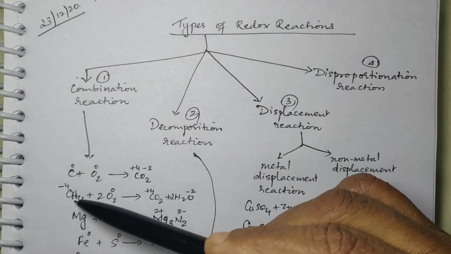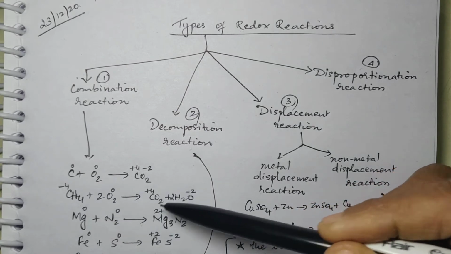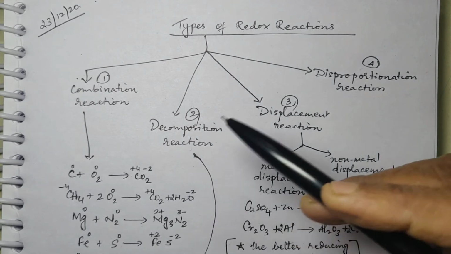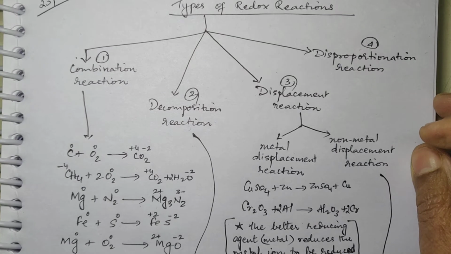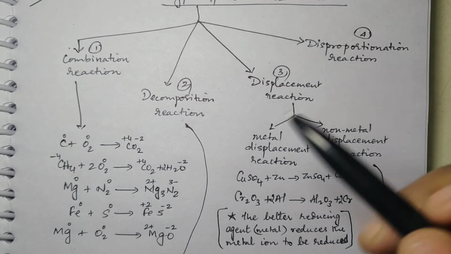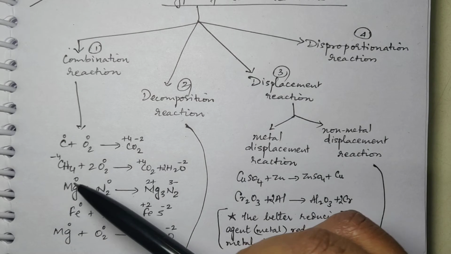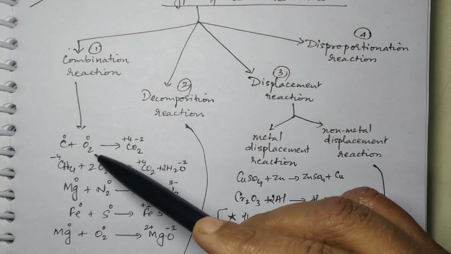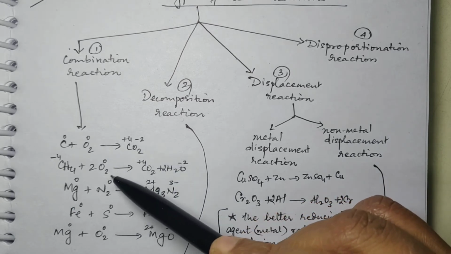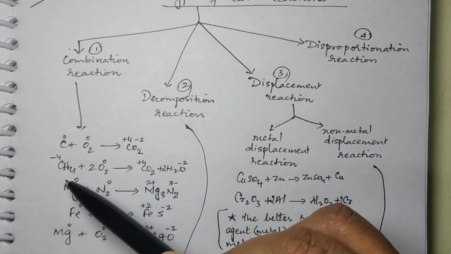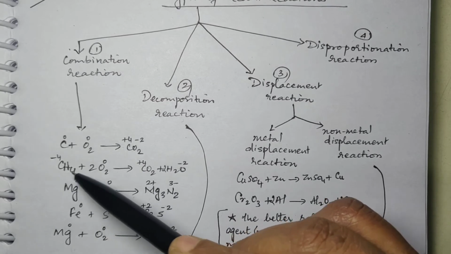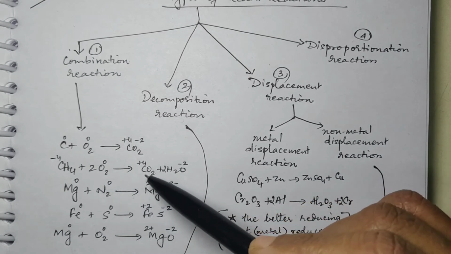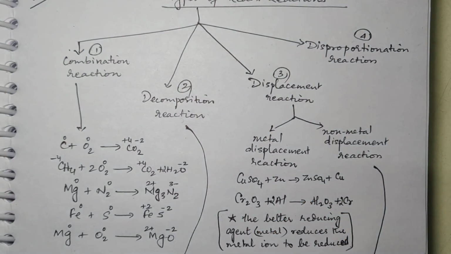Now, CH4 plus O2 giving you CO2 plus water. What do you call this? You call this as a combustion reaction. Now how do you call it as a combination reaction here? That is because whenever two or more elements are combining to give you a single product, this is also called as combination, because out of the two substances which are reacting, if one is in the elemental form, then it can be called as a combination reaction, right?